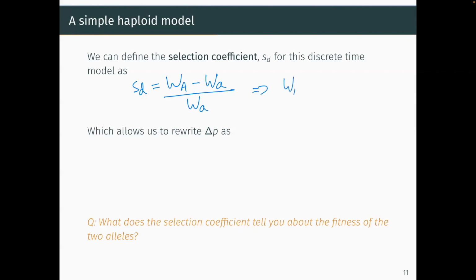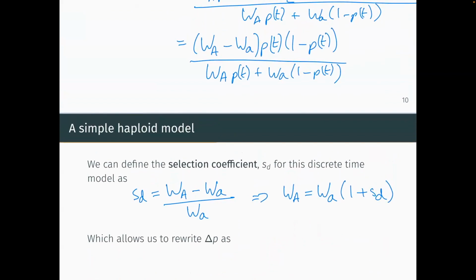This also means we can rearrange this for our fitness for our capital A allele in terms of the selection coefficient, 1 plus SD times by the fitness of our little a allele. Okay. Might be thinking, why do we want to do that? Well, just go back up here for a second. Notice that we have a difference in fitnesses appearing here and here.